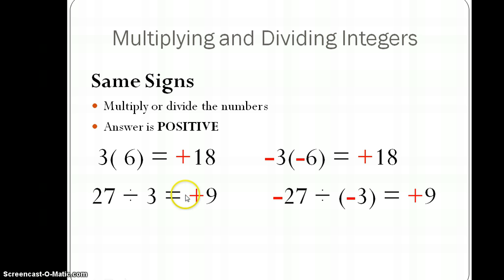Two positives get a positive. Two negatives get a positive also, because it is an even number of negatives. Even number of negatives, you're going to get a positive answer, because they cancel each other out.